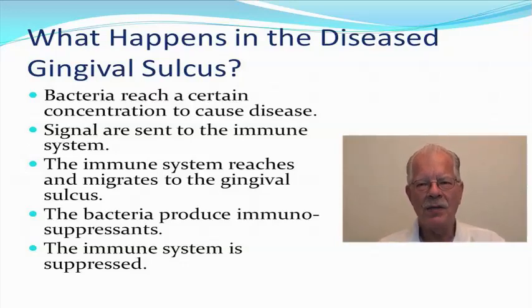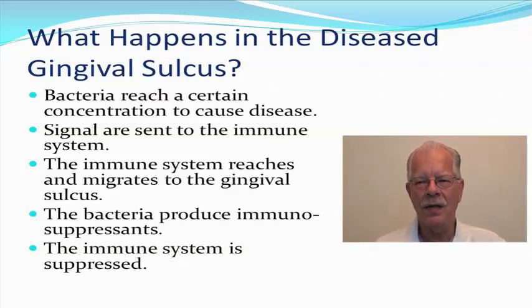Well, once the bacteria reach a certain concentration, it may be a virus that starts it all off, and then the immune system is altered so that it can't attack bacteria, according to Jorgen Slots, or it may be the combination of different bacteria.